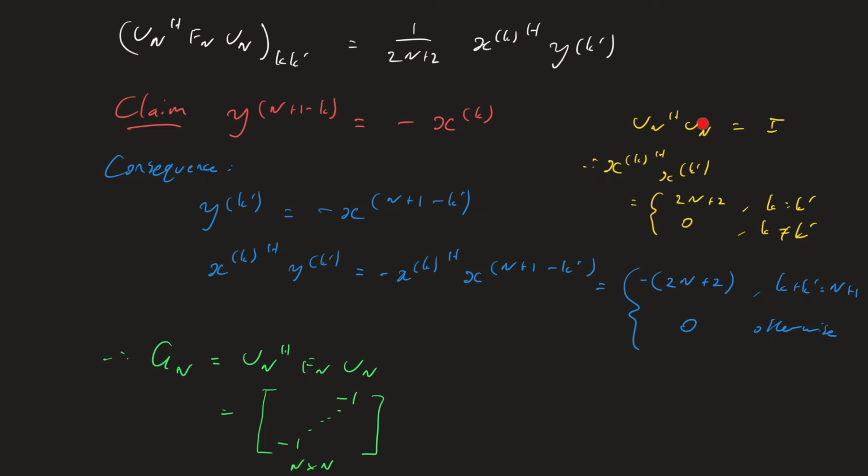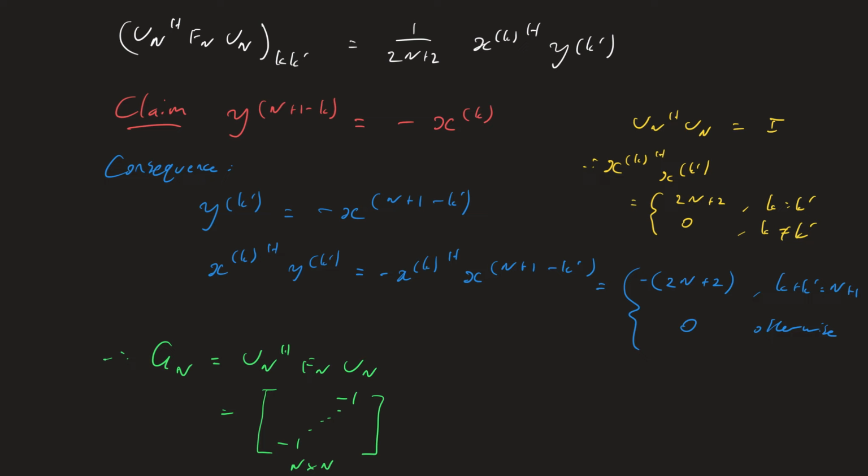The columns of U are x_k, so this means that x_k Hermitian transpose times x_k' is either equal to 0 if k and k' are different, since the eigenvectors are orthogonal to each other, and if k equals k', then we get an appropriate normalizing constant, in this case 2N plus 2. That's related to the Euclidean length that we calculated for each eigenvector that we're using.